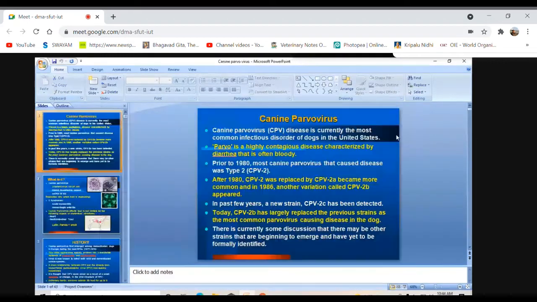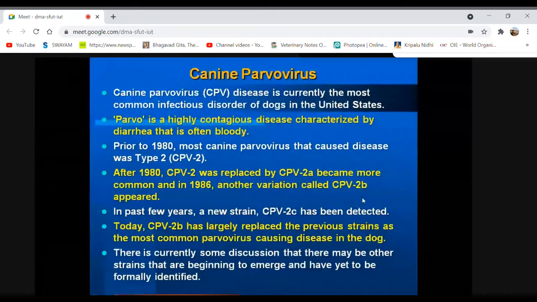And lastly, for today, I'm just taking up another disease which is very much important so far as our northeastern states are concerned. Presently, in Manipur also, and Mizoram also, and other states also, the dogs are very commonly having a problem of parvovirus infection, and many of these dogs are dying.